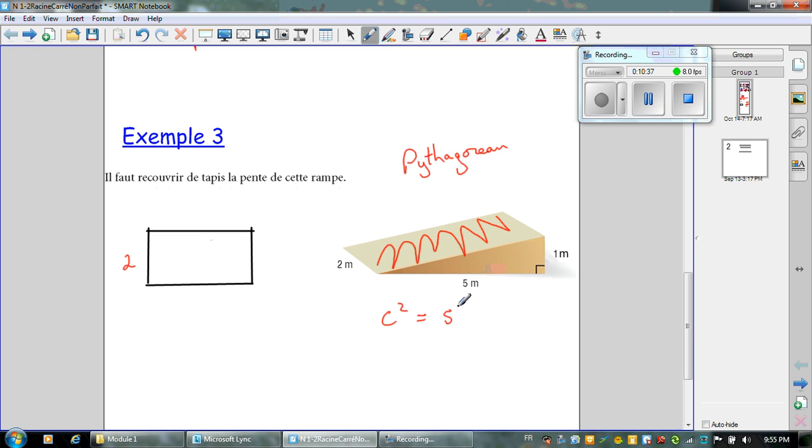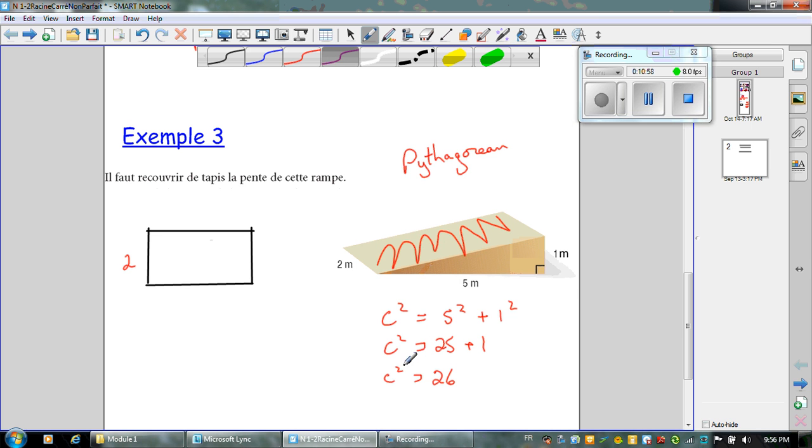So 5 squared plus 1 squared. So c squared would be 25 plus 1, which is 26. So the hypotenuse wouldn't be 26; the last step to solving the Pythagorean theorem is the square root.